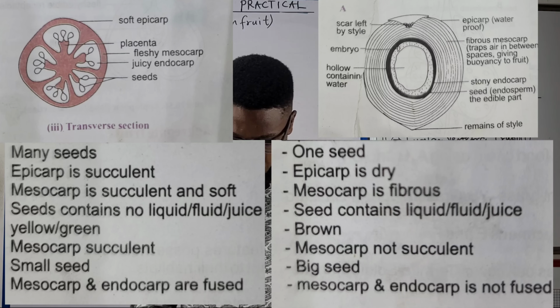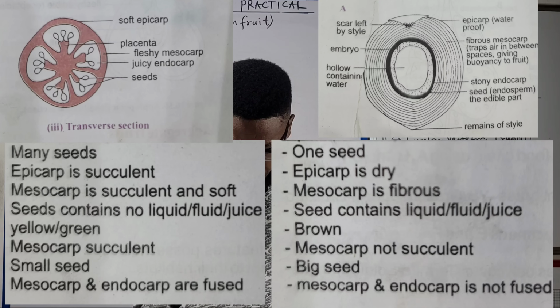Now, when you look at the tomato fruit, you see the endocarp. You have to look at the endocarp on the inside. The mesocarp and the endocarp are fused. But when you look at your palm fruit, look at the diagram very well.